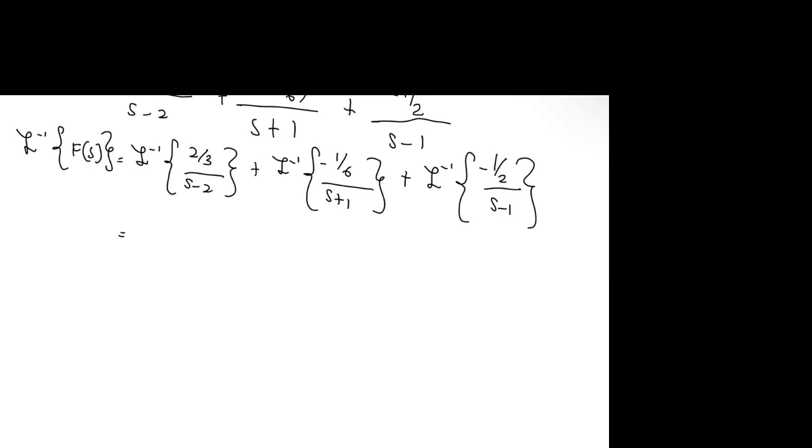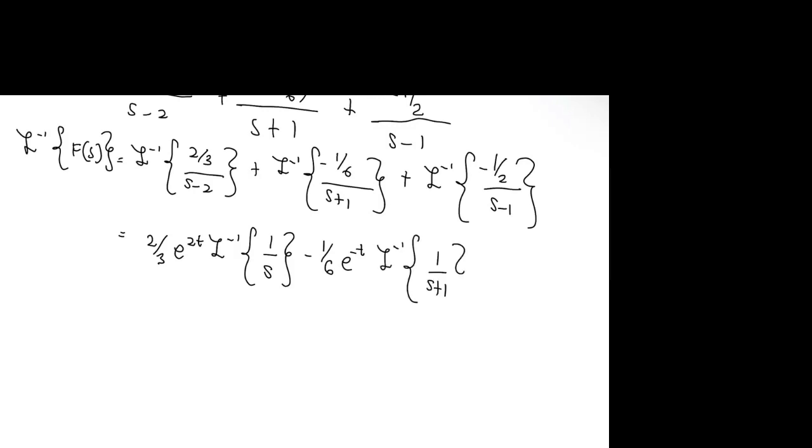Next, using the properties, so we have 2 over 3 e to the 2t inverse Laplace of 1 over s, plus here we have negative 1 over 6, so minus 1 over 6 e to the minus t inverse Laplace of 1 over s plus 1, minus 1 over 2 e to the t inverse Laplace of 1 over s.